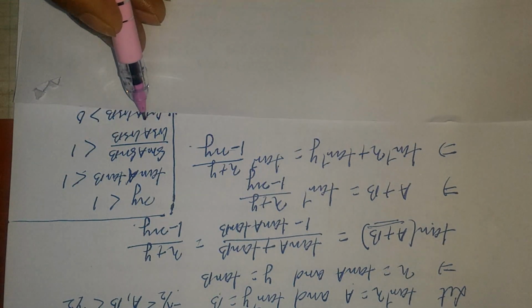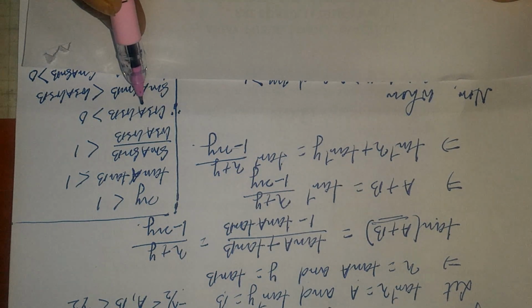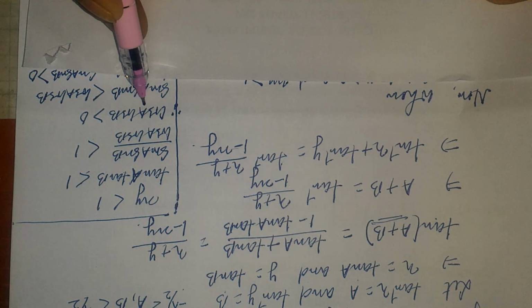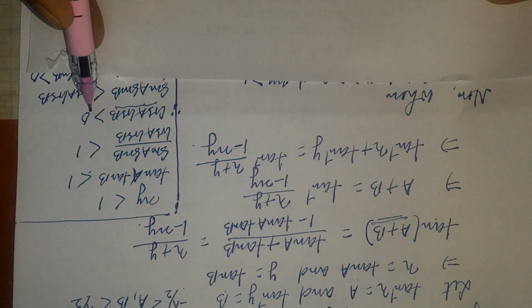Sin a sin b by cos a cos b is less than 1. Now since a and b are from minus pi by 2 to pi by 2, it means fourth quadrant and first quadrant. So we know cos a and cos b are positive in these two quadrants.